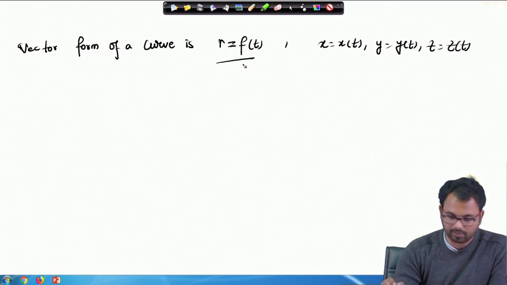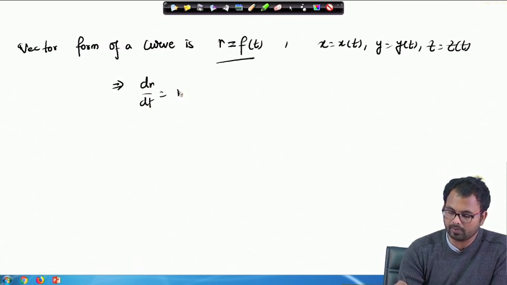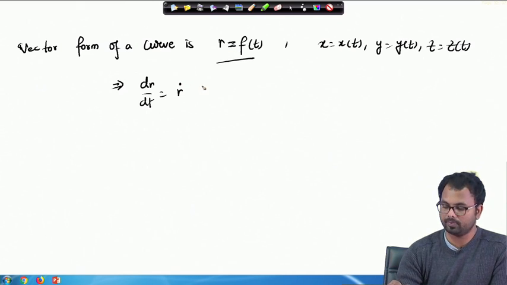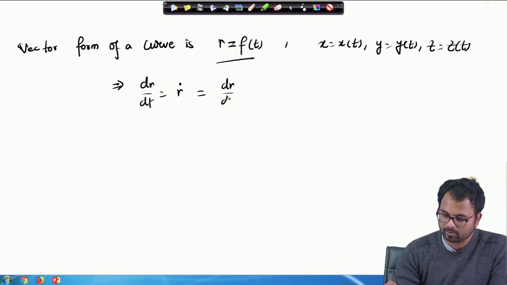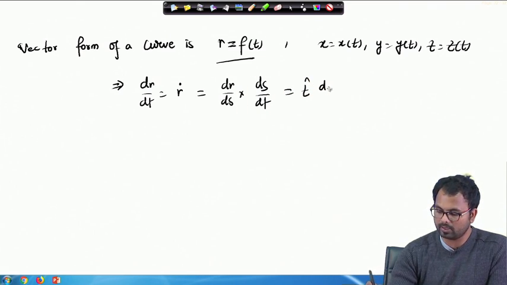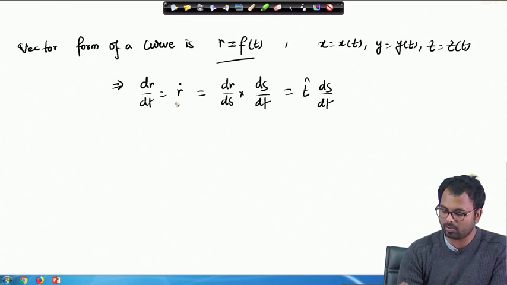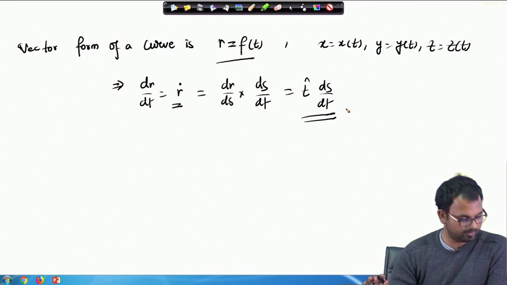Now, if I differentiate this, then this is dr dt. We know that the derivative can also be written as r dot, and this is basically dr ds times ds dt, and dr ds is our unit tangent vector. So, dr dt or r dot is basically t cap times ds dt. This is what we know.